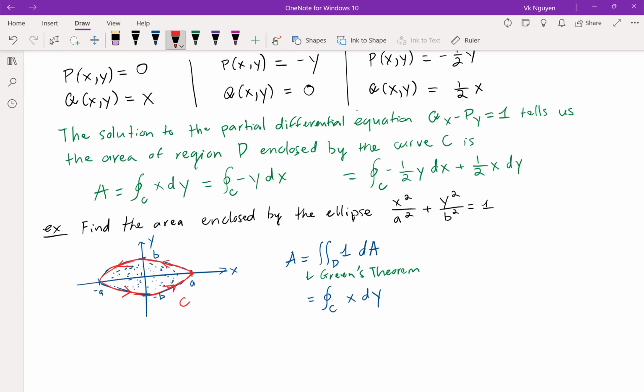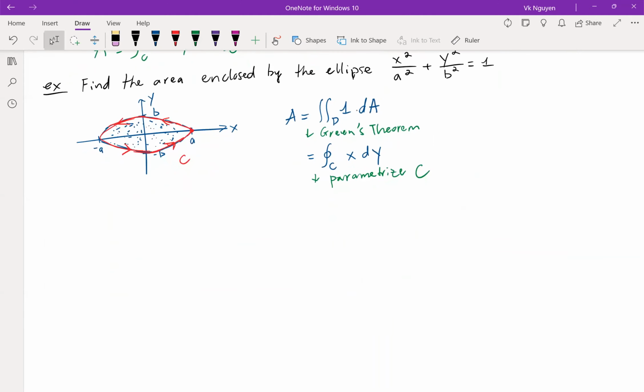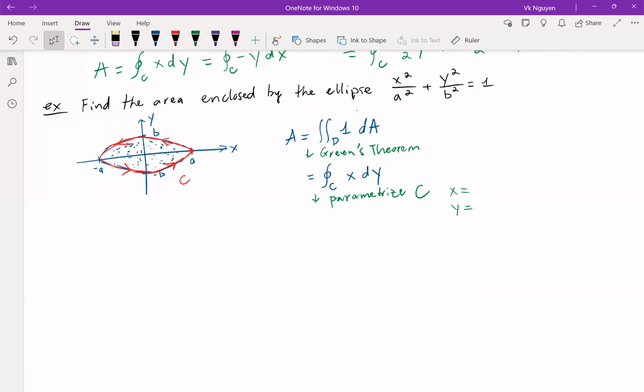We've got to parameterize C. In order to do the line integral, you've got to parameterize the curve C. So how do we parameterize C here? x equals something and y equals something, so that x squared over a squared plus y squared over b squared has to be 1.